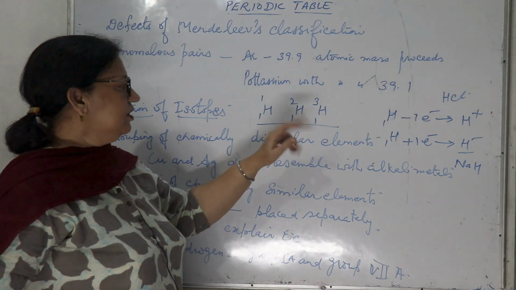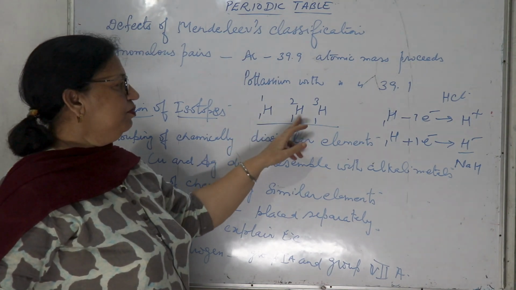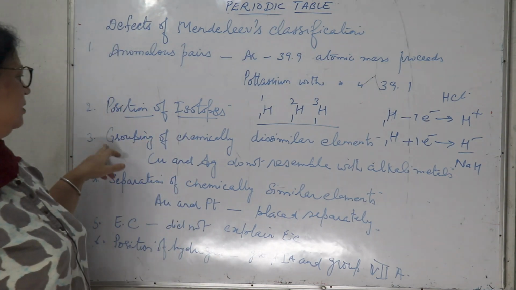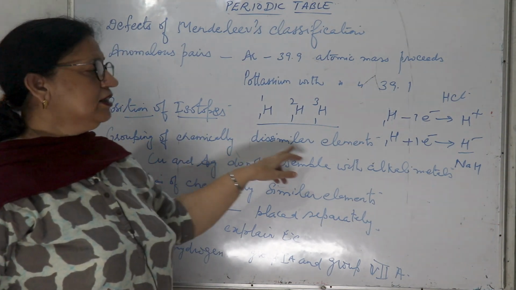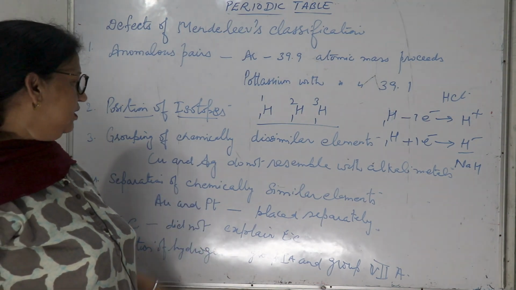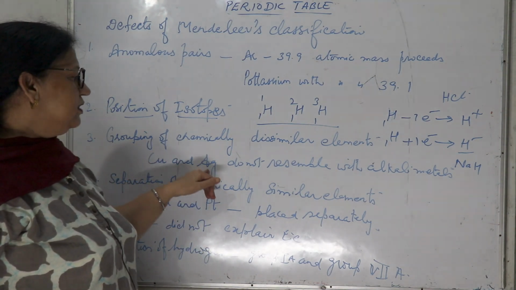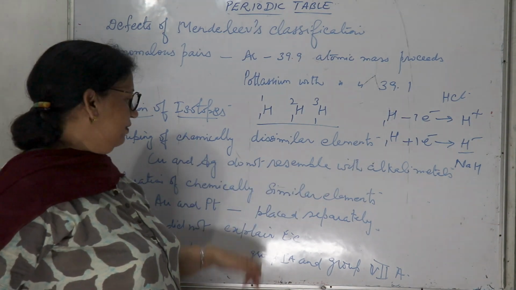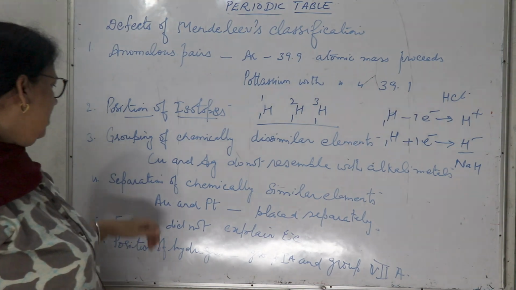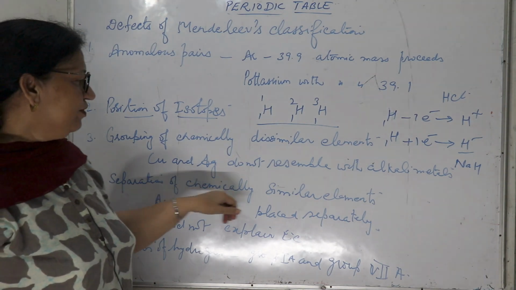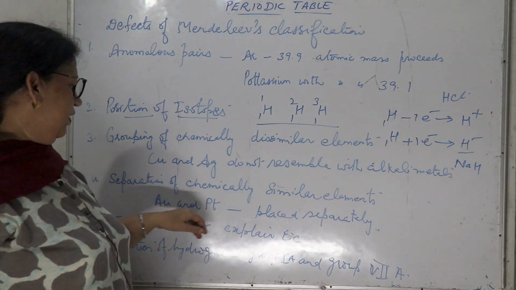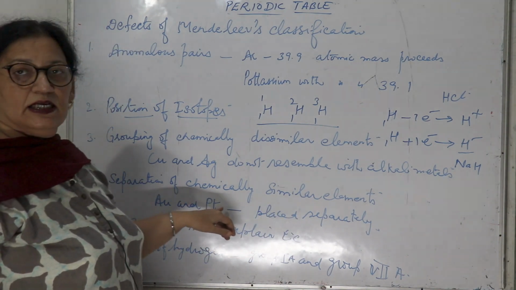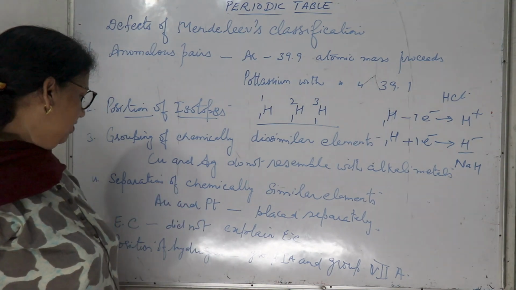As hydrogen has 3 isotopes, there should be 3 positions for hydrogen, but he gave 1 position only. Third one is grouping of chemically dissimilar elements. Some elements were dissimilar, like copper and silver. They were placed along with the alkali metals, but they don't have any resemblance with the alkali metals. Fourth one is separation of chemically similar elements like gold and platinum. They are placed separately though they have similarity with each other.